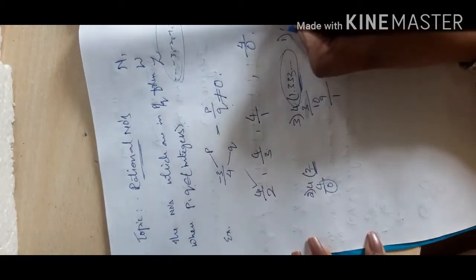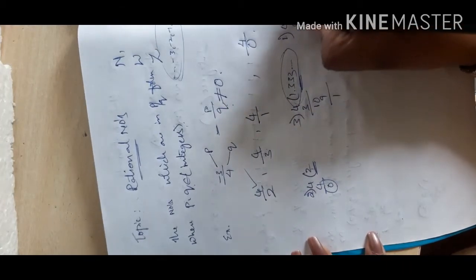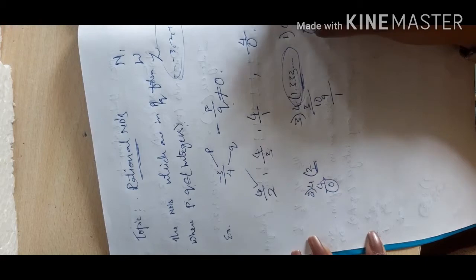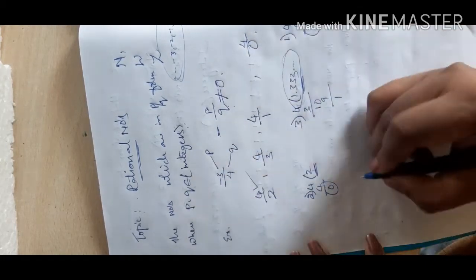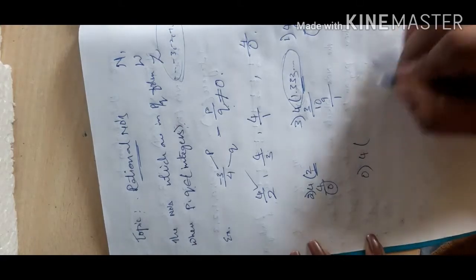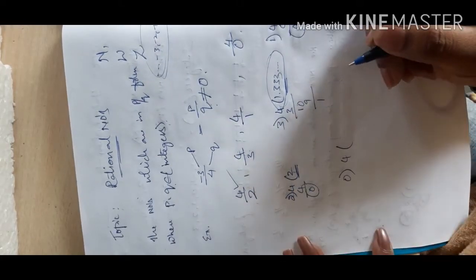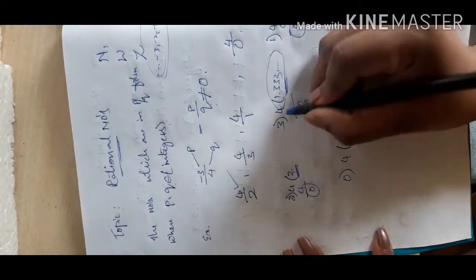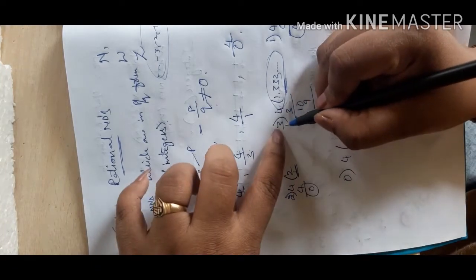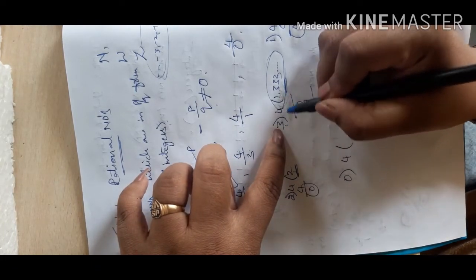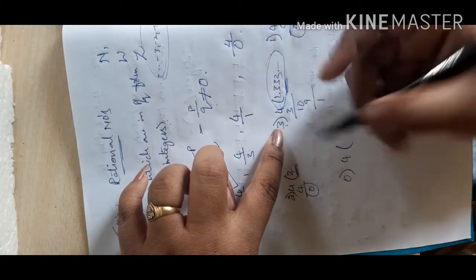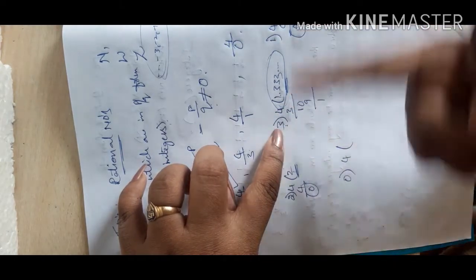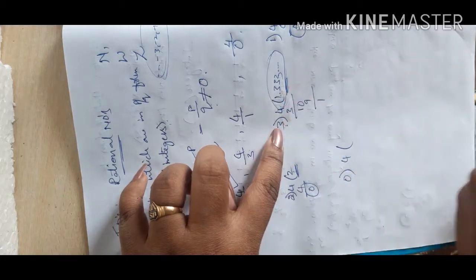Next, 4 by 1. I am dividing 4 by 1. 1 4s are 4, remainder 0, and the answer is 4. Now let's go for 4 by 0. When I was dividing by 3, 3 1s are 3, 3 2s are 6, but because I have 4 here, I cannot take 6, so I went back and took 3 1s are 3.